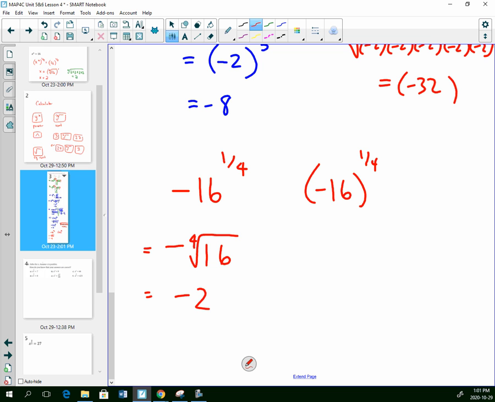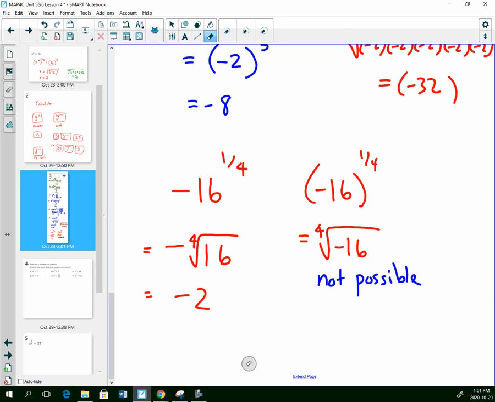This one has brackets, and that means the negative 16 is inside the bracket, and it wants me to do the fourth root. Well, that's not possible, right? Because I can't fourth root a negative number. I would have a positive result. Okay, so just be careful whether there's brackets or no brackets.